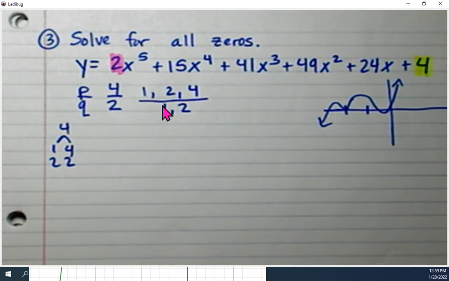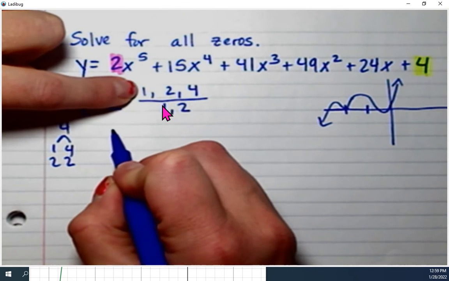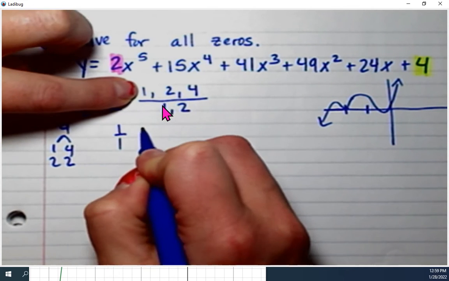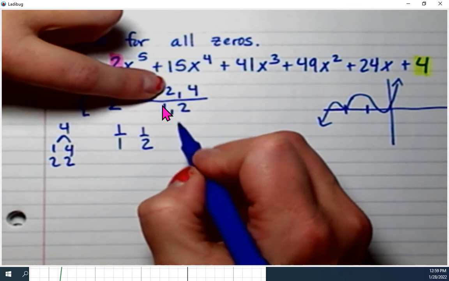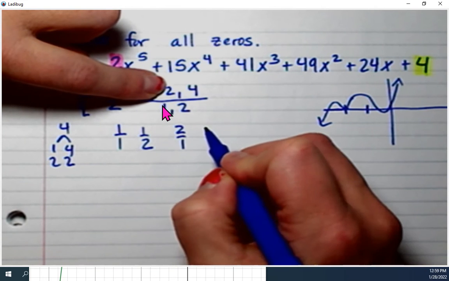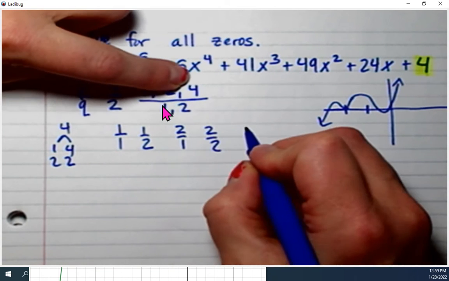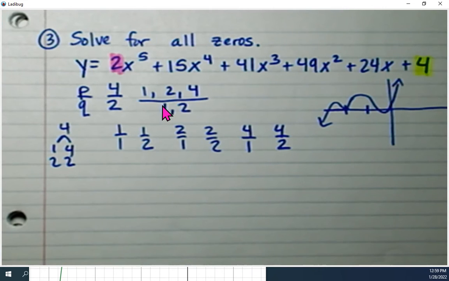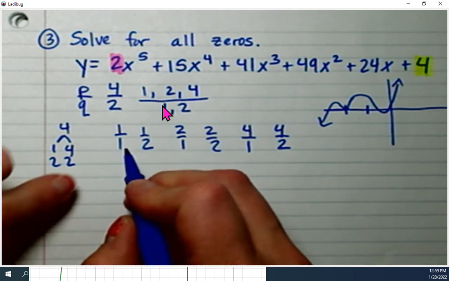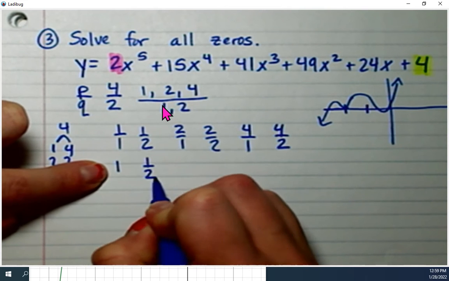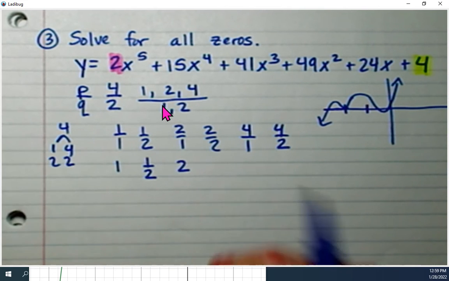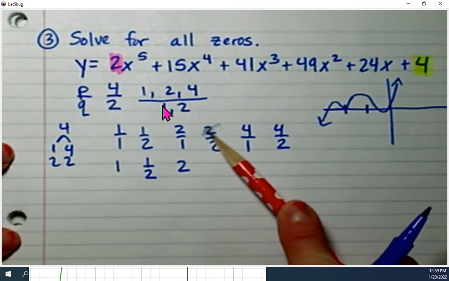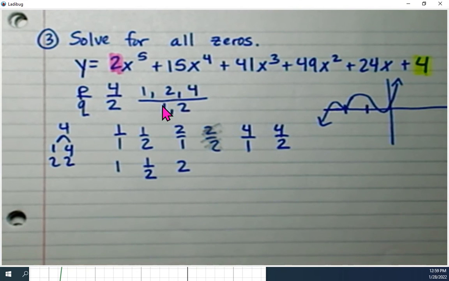So now I need to pair them all up. 1 over 1, 1 over 2, 2 over 1, 2 over 2, 4 over 1, 4 over 2. Reduce: 1, 1/2, 2. I know that 2 over 2 reduces to 1. I'm not going to rewrite it.